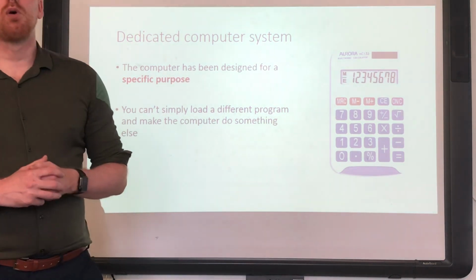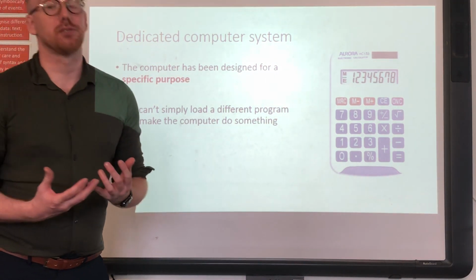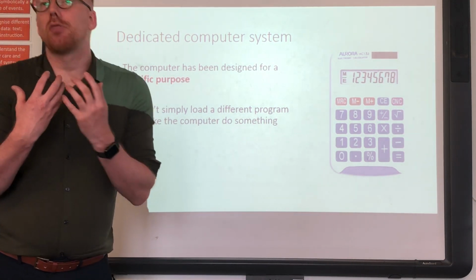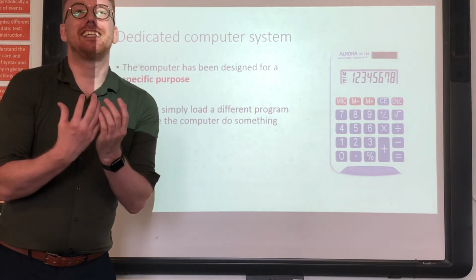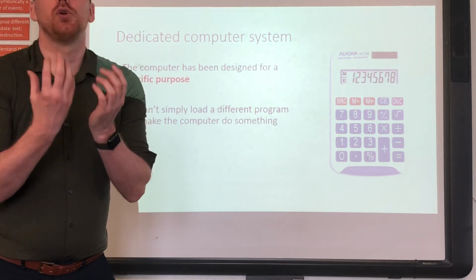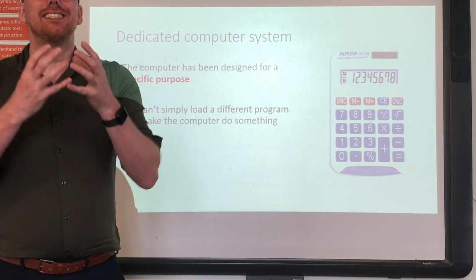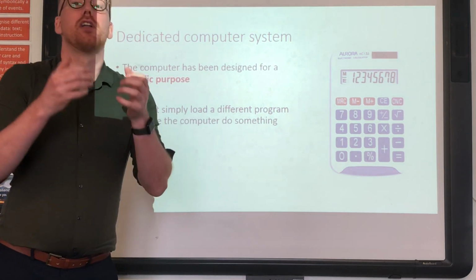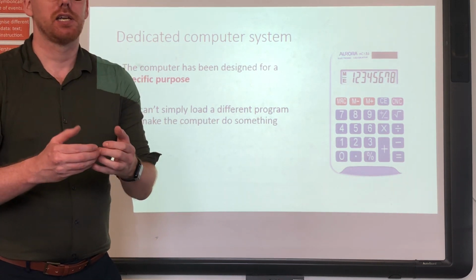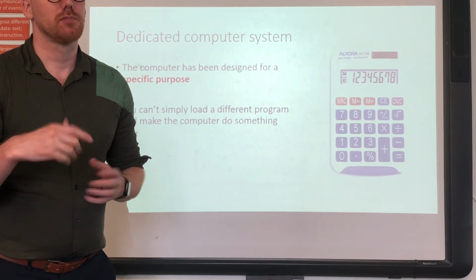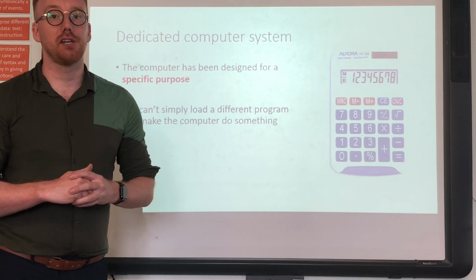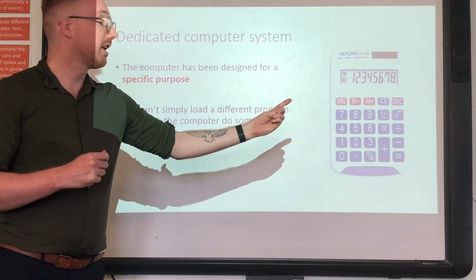That contrasts with what we call a dedicated computer system. Now if you think about the word dedicated, dedicated literally means it can do one thing in this case. So a dedicated computer is a computer that has one specific function. It can only do one thing. So a typical example of a dedicated computer might be a calculator.